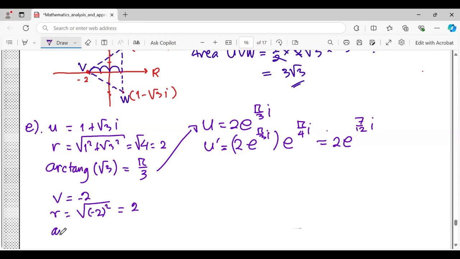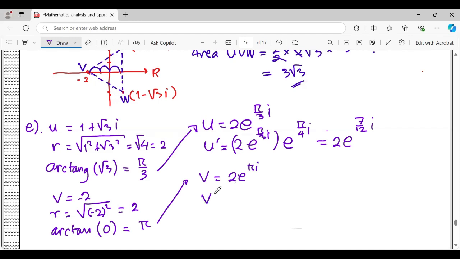So arctangent of 0 over 2, because the imaginary part here is 0. So 0 over 2 equals 0. It is pi. Okay. So it means v equals 2e to the power pi i. Okay.